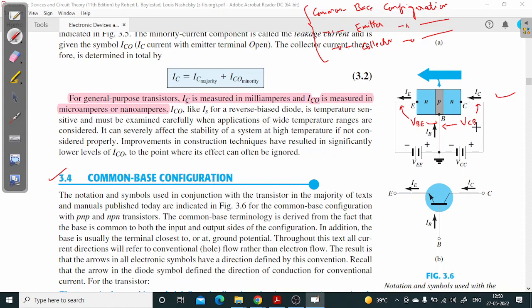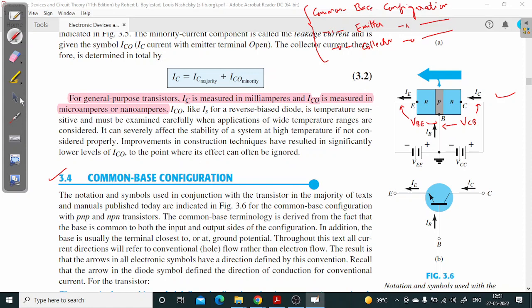So there are various voltages and currents in the circuit, and in order to properly analyze or study the properties of BJT, we need certain types of analysis.